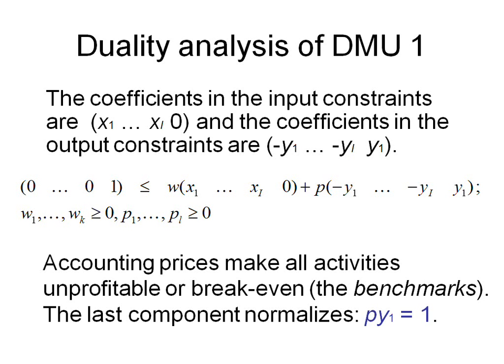Okay? So your shadow prices are such that all activities break even or are unprofitable. So this is basically why shadow prices are like competitive prices.